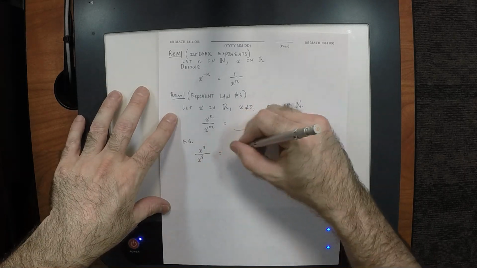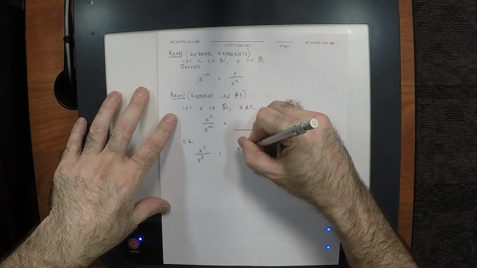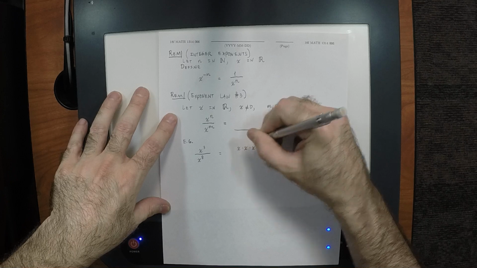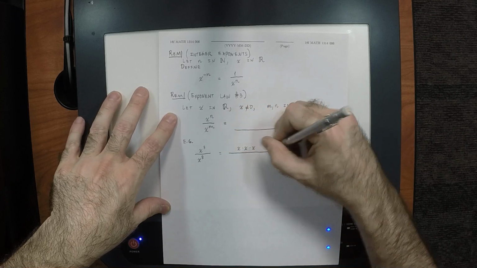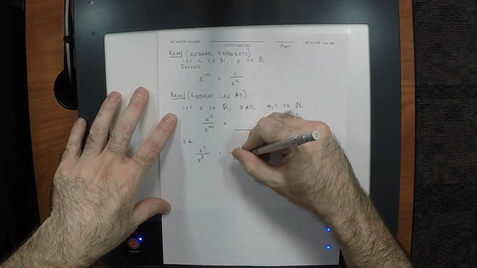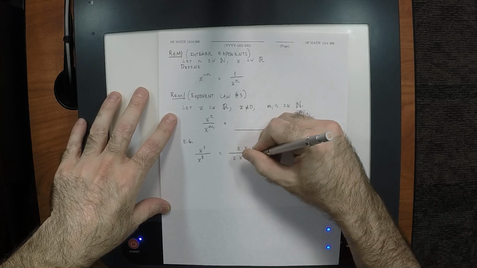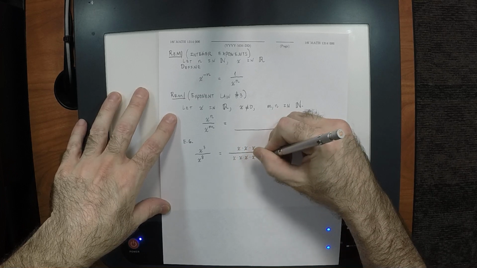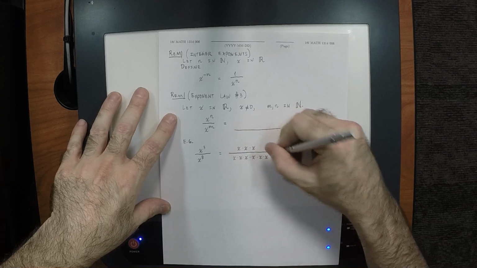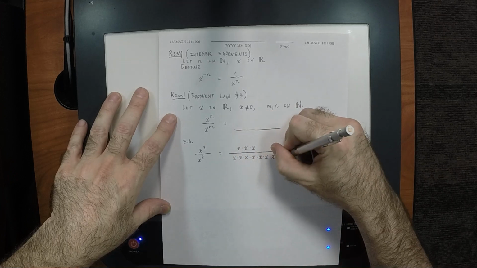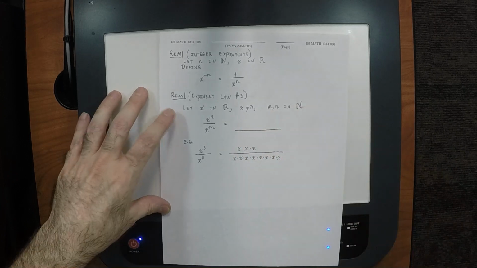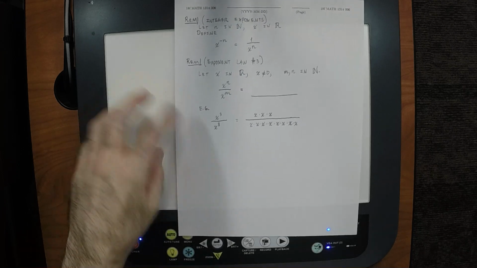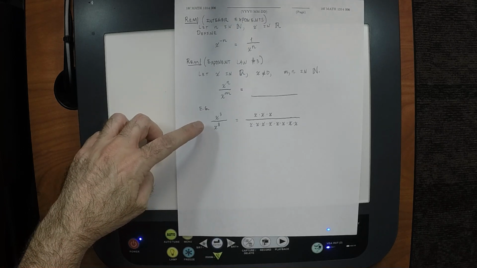As for the numerator, that means x times x times x, and in the denominator, that means x times x times x times x times x times x times x. How many is that? 6, 7, 8. So that's its meaning. This is a much nicer way to write it, right?